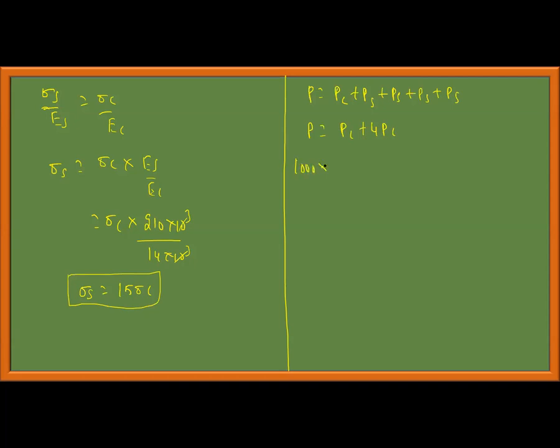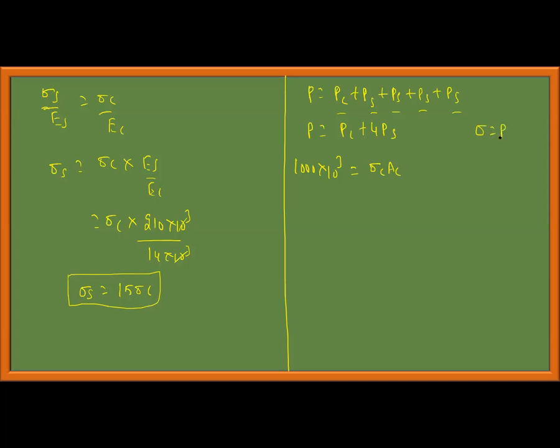Have you understood this logic? There is concrete and there are 4 steel columns, and the total load is shared by the concrete and the 4 steel columns. PC plus 4 times PS. So 1000 into 10 power 3 is equal to PC, or I can write sigma C into AC.